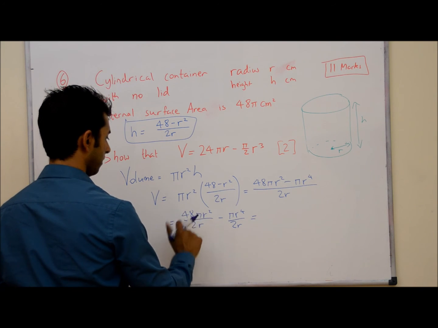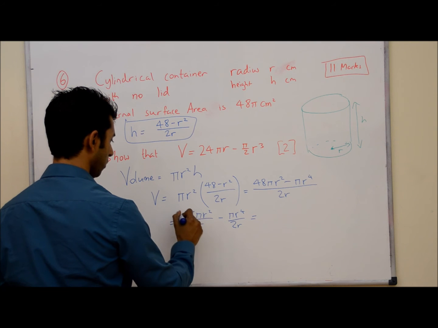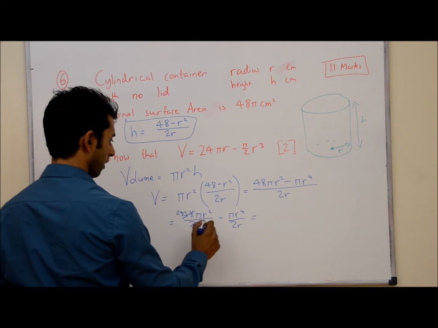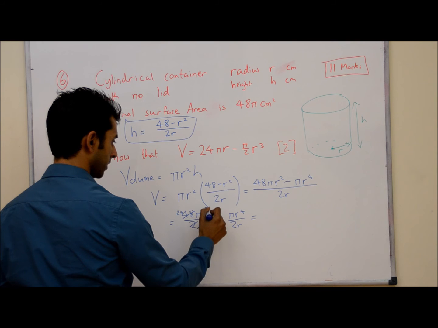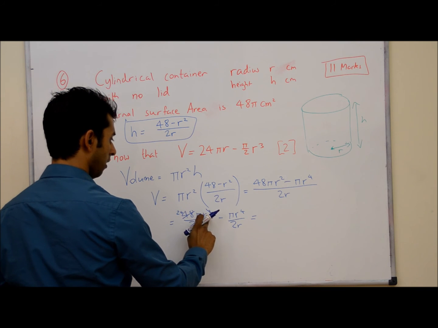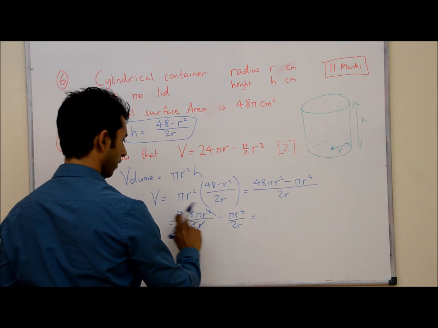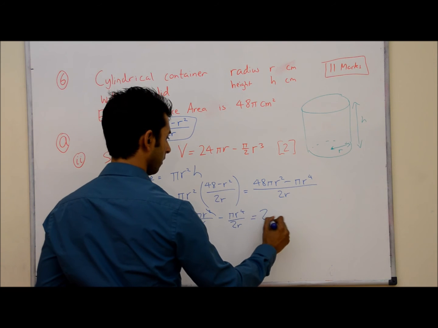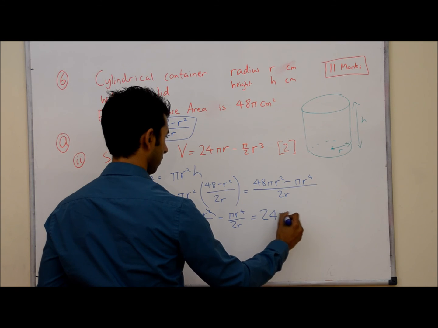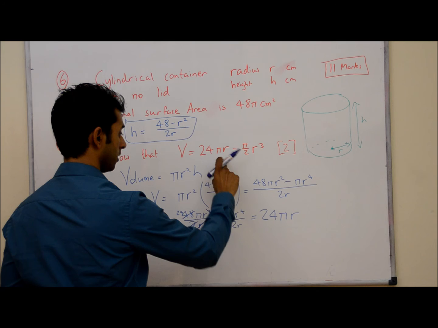So 48 divided by 2 gives you 24. This r can cancel with one of those r's, just leaving r and pi r on the top. So on the top there we've got 24 pi r, which is what we wanted, so that's good.